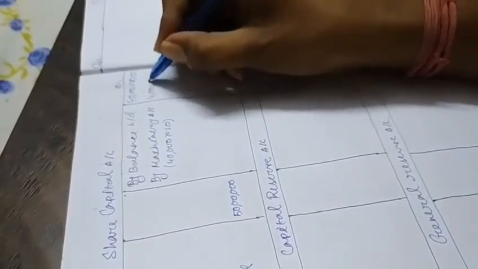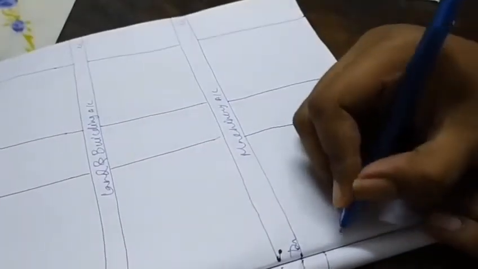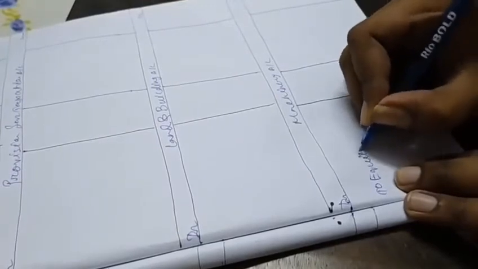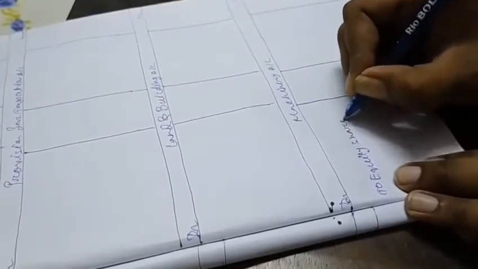Okay, and on the debit side of machinery we will post to equity share capital, that is 4 lakh. Okay, I think you know the process of contra ledger posting.